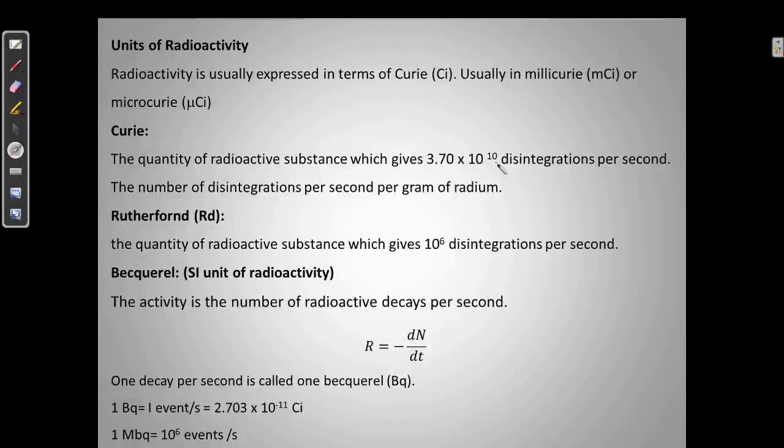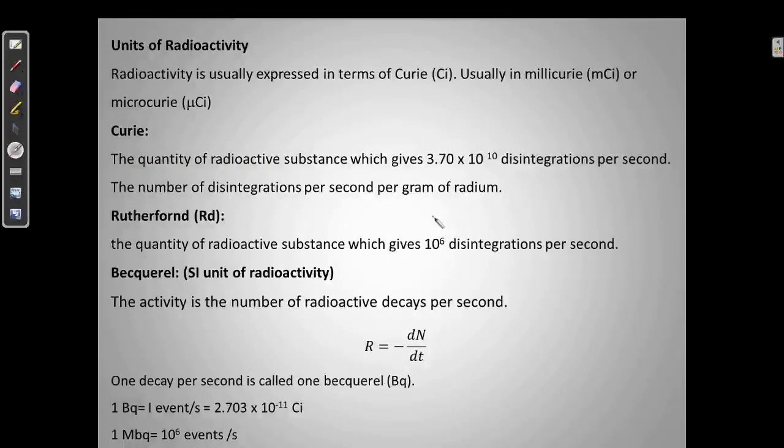So in 1 second there should be 3.70 into 10 raised to 10 disintegrations. This is equal to the number of disintegrations per second per gram of radium. Radium is a radioactive element.